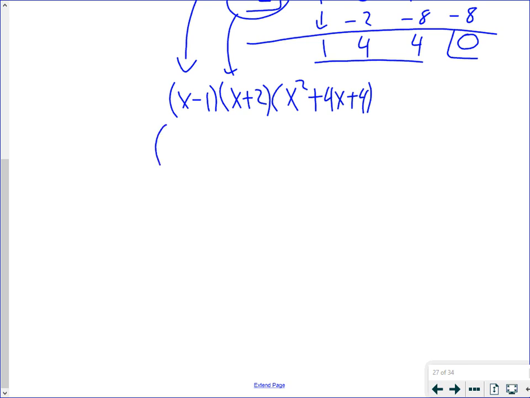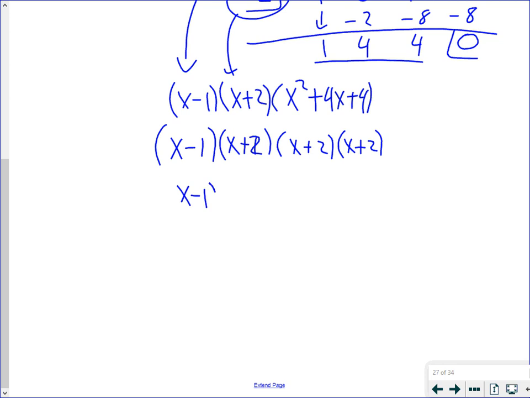It's just going to be x plus 2 and x plus 2. So it's x minus 1 times x plus 2 times x plus 2 times x plus 2. Or in other words, it's going to be x minus 1 times x plus 2 cubed.